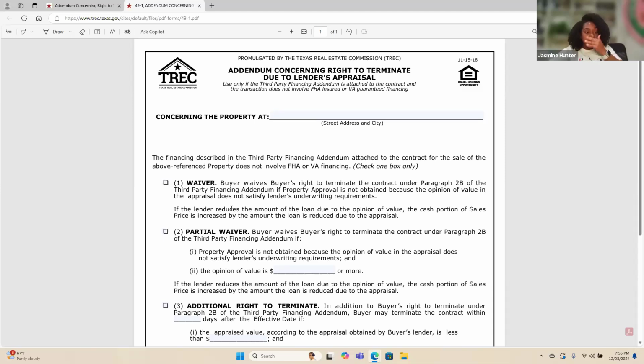If the house is 400,000 and the appraisal comes in at 300,000 and your client doesn't have the 100,000, they cannot terminate due to the lender's appraisal because they waived that right on the addenda you added to the contract.